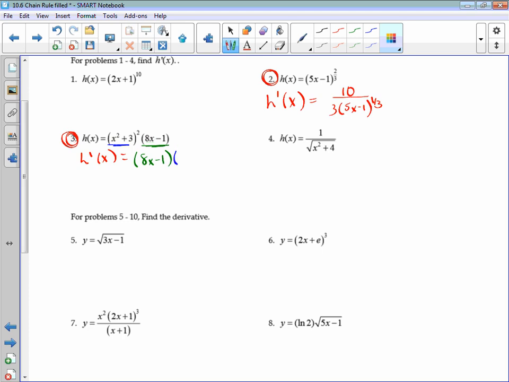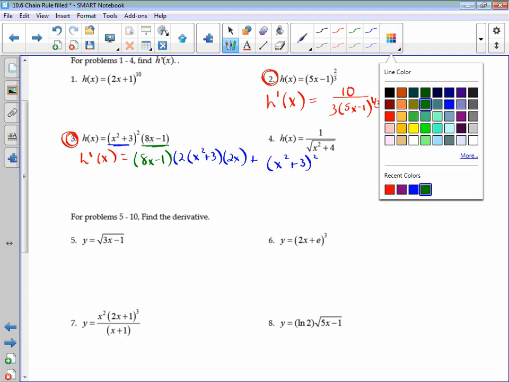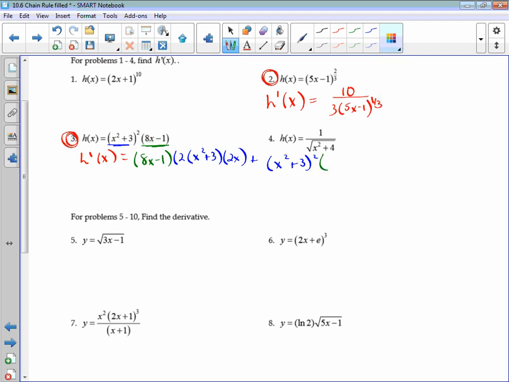So it's going to be 2 times x squared plus 3 to the first times 2x. Yeah? Okay. Plus, then we're going to do x squared plus 3 squared times, what's the derivative of my green guy? 8. Okay, did we get there?